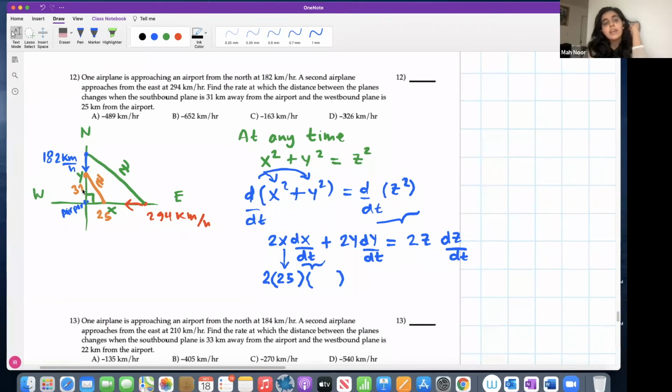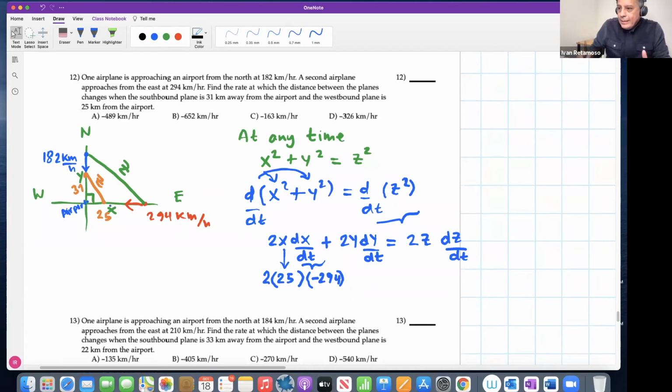What would be for x? Very close, 294. But notice that x is negative. Be careful there, guys, a lot of tricks here. 294, but negative, because this x is decreasing over time. The airplane is getting closer and closer to the airport, so the x distance is decreasing.